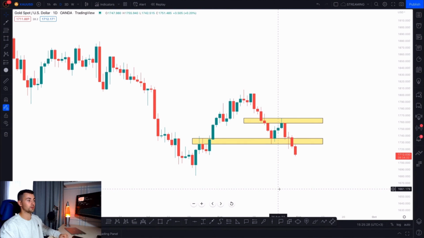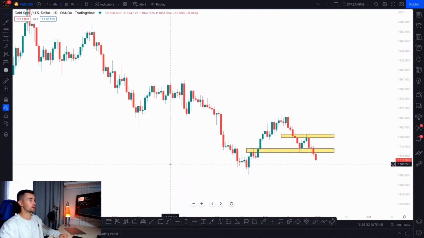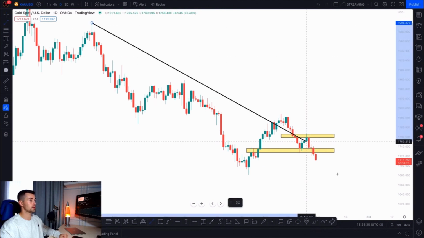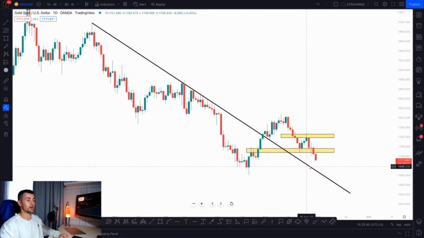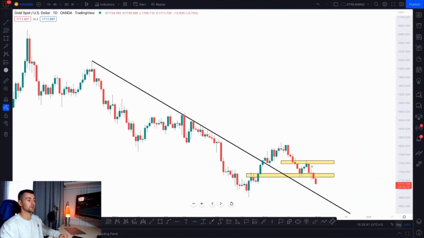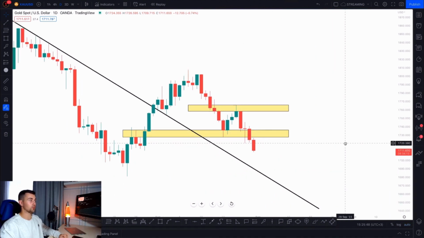The market keeps falling right now. And I want to remind you that the next goal for sellers right now is that trend line. Most likely it is the closest strong structure support from where we will see a pullback on gold.